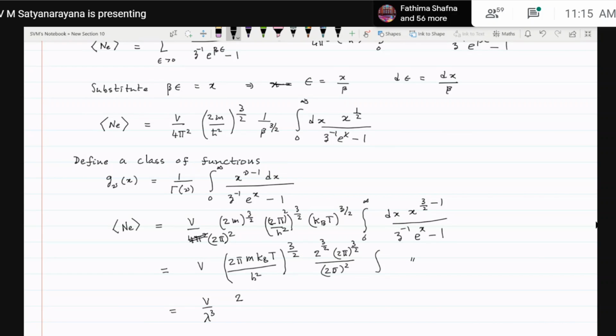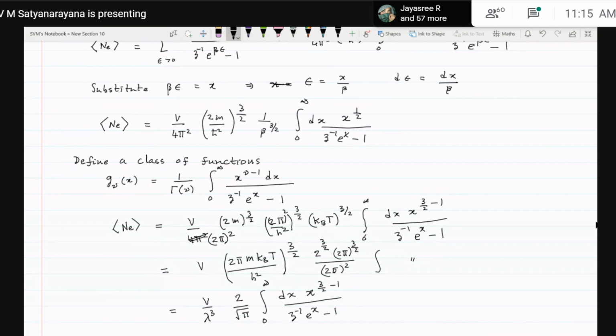So if I bring that to the denominator, this will be 2 by root pi, into integral 0 to infinity dx x to the power 3 by 2 minus 1 divided by z inverse e to the x minus 1.